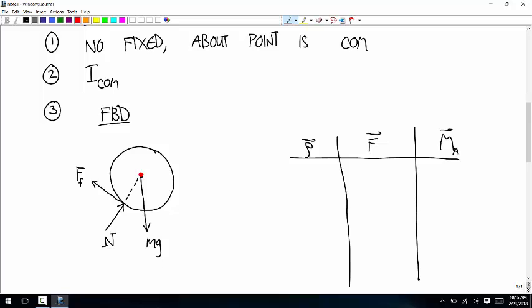And so first for the weight, the rho vector is 0. Since we're using this skewed rotated coordinate system, we have to represent that weight force using sine and cosine.